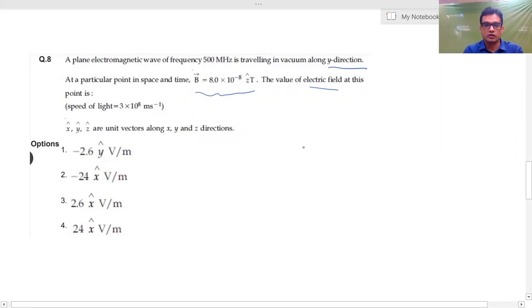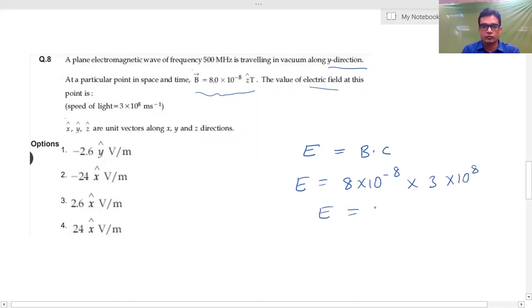As we know, the formula for the electric field is E is equal to B into C, where B is the magnetic field and C is the speed of light. So the magnitude of the electric field is 8 into 10 to the power minus 8 into 3 into 10 to the power 8, which is 24 volt per meter.